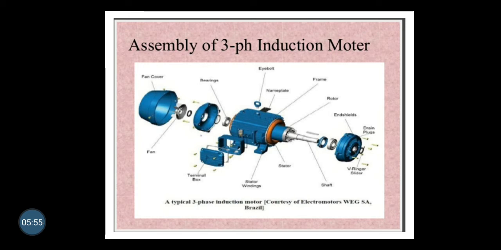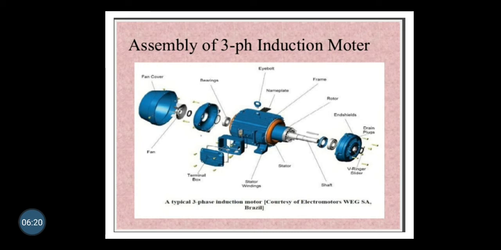Here a bearing is provided for the moving part, or the rotating shaft, known as bearing. Here a terminal box is also provided. In that the connection is brought in the terminal box. After that there is an eye bolt.